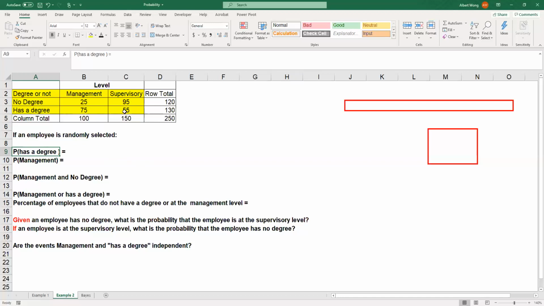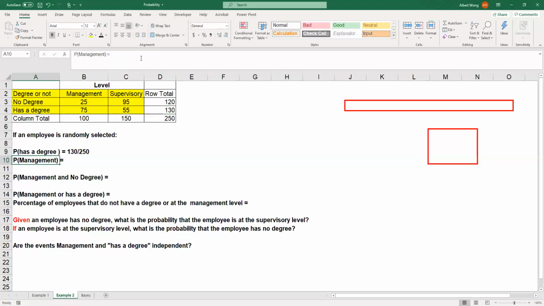If you look at this table, 130 of the 250 employees have a degree. Therefore, the probability of an employee having a degree is the same as the percentage of employees that have a degree, and therefore the calculation will be just 130 divided by 250.